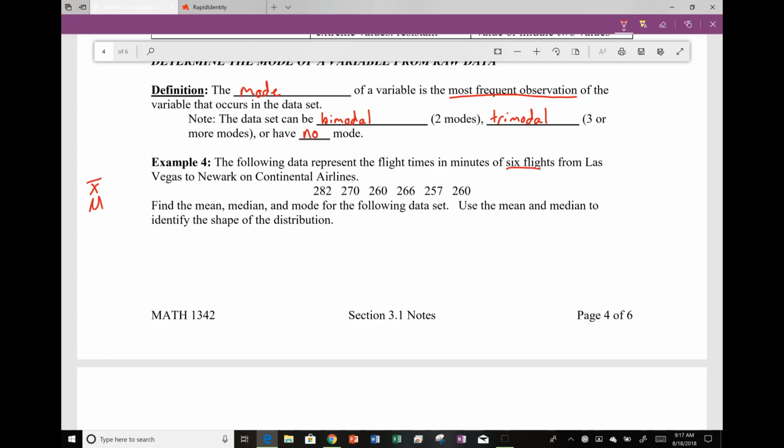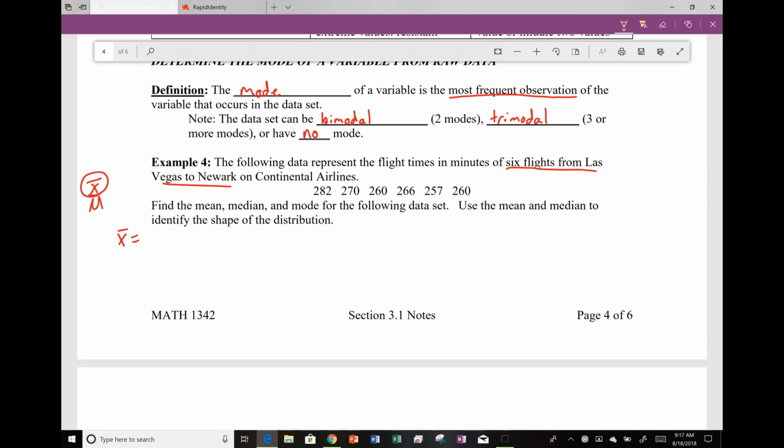There are 6 flights from Las Vegas to Newark. Do you think that there's more than 6 flights ever from Las Vegas to Newark? Yeah, there's been a lot more than 6 flights. Therefore, this is just a sample. So we're going to be using the x bar.